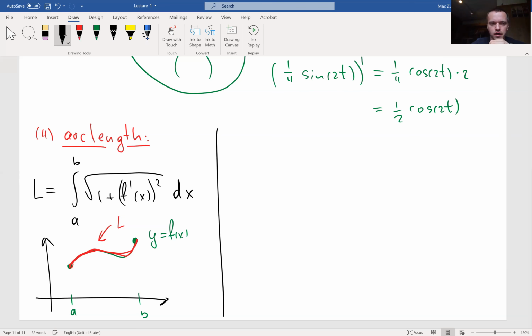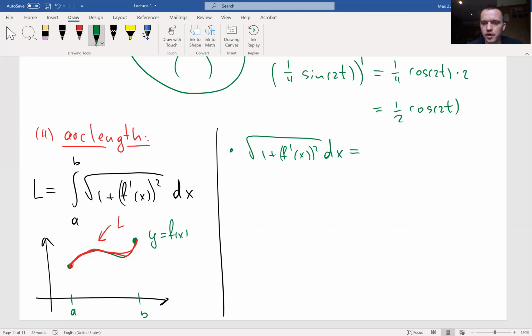So here, let's take the inside of my integral, which is equal to the square root of 1 plus f prime of x squared dx. Just follow me and see what I'm going to do. First I'm going to replace f prime with dy over dx.